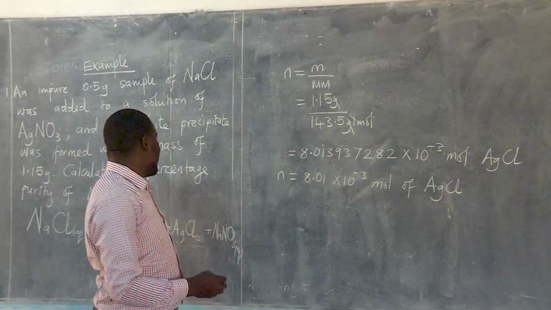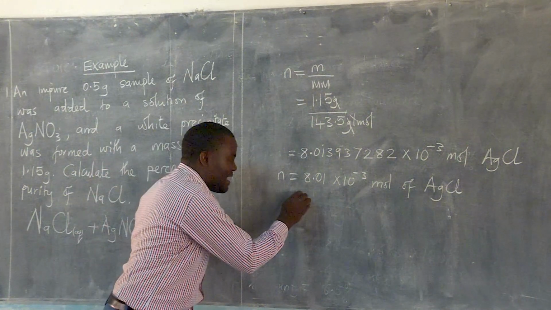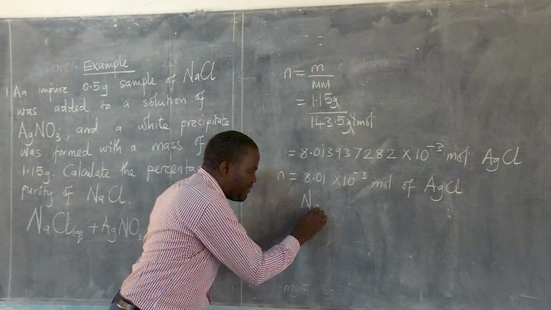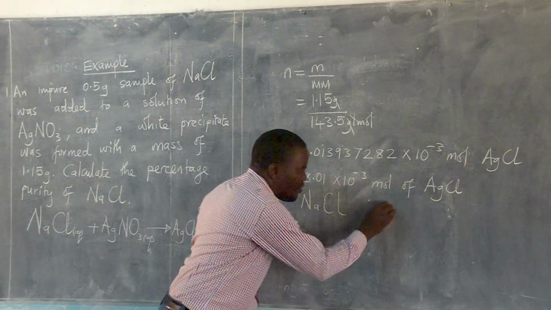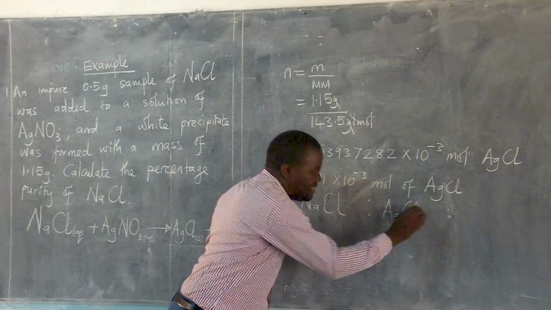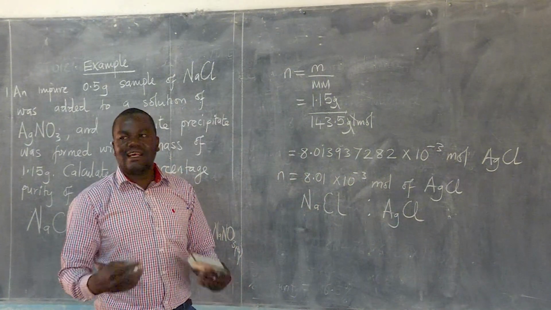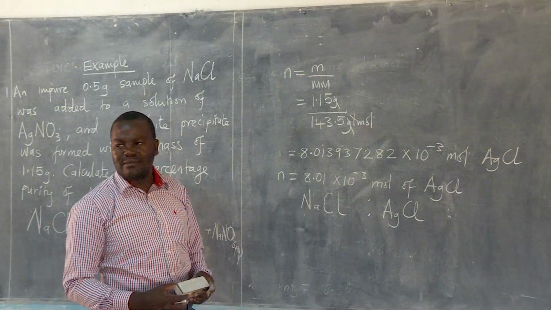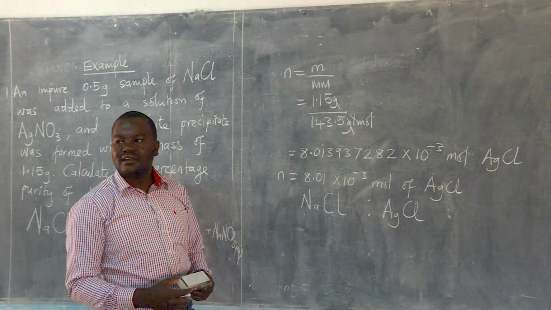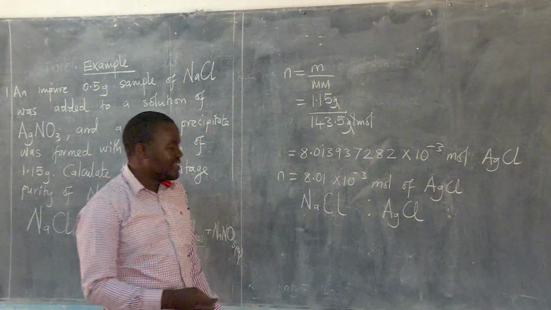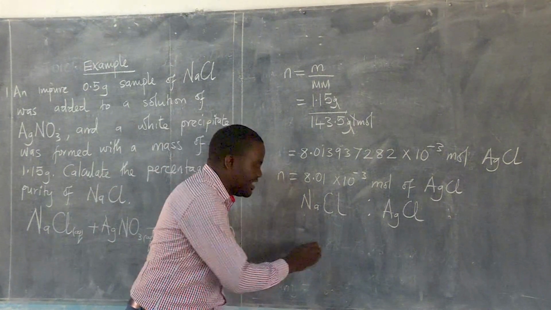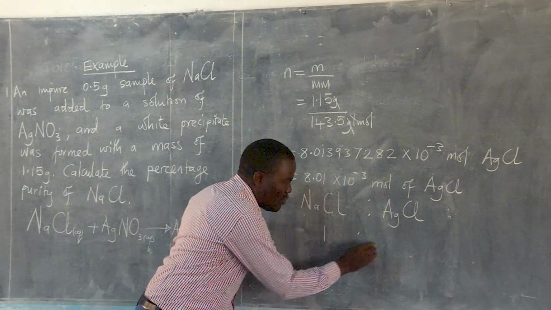So he's saying we are going to equate the number of moles for sodium chloride to the number of moles of silver chloride. From our balanced chemical equation, what is the mole ratio? The mole ratio is 1 to 1.